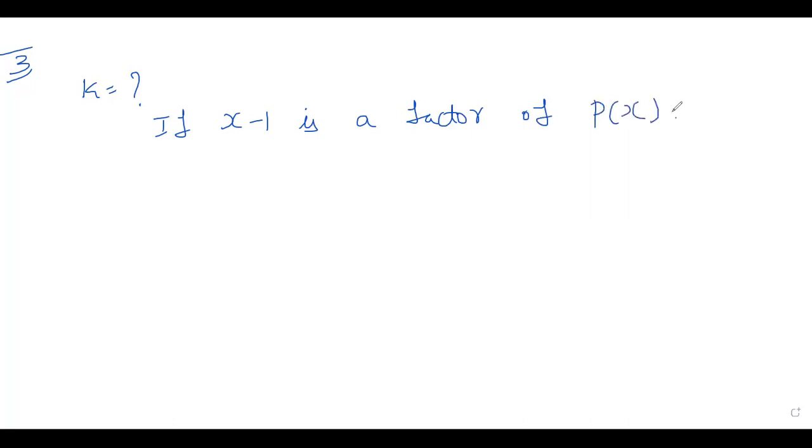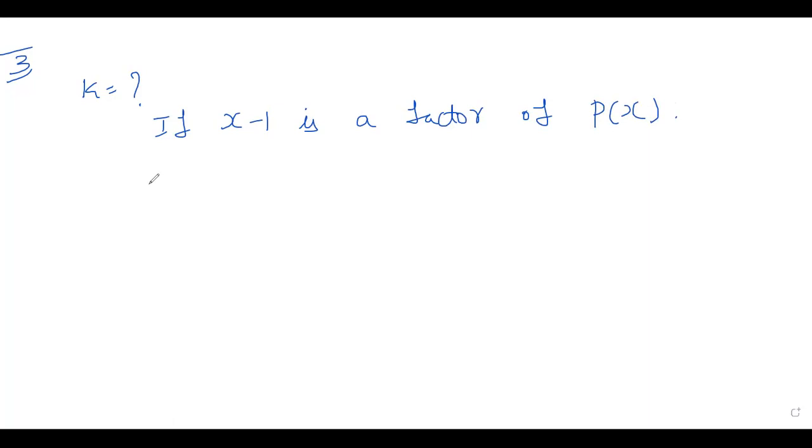Next main, children, third main. Find the value of k. So what is given here? If x minus 1 is a factor of p of x, you have to find out k. Here they have given that x minus 1 is the factor. So you can write directly the equation is equal to 0.